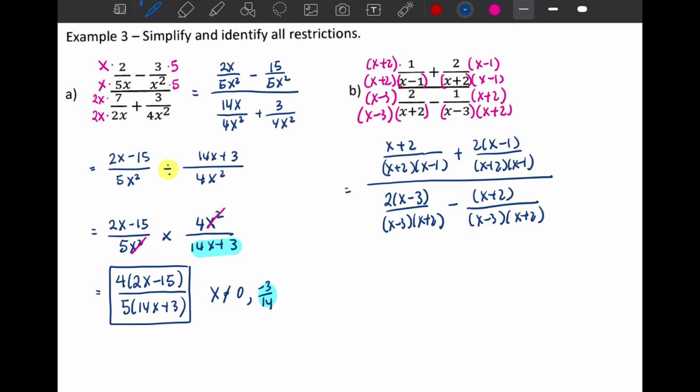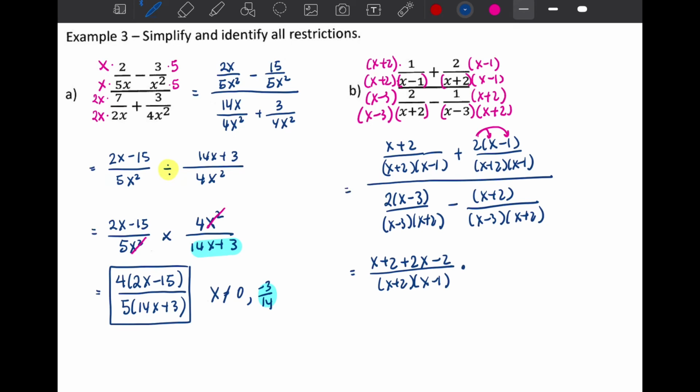And then we're going to rewrite this side by side. We'll first combine these two together because now they have a common denominator. We have x plus 2 plus 2x, so expand, and then minus 2, all over (x plus 2) times (x minus 1).